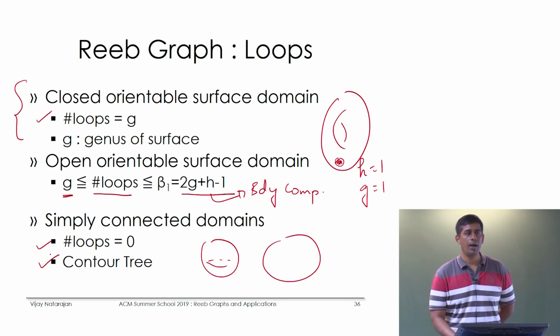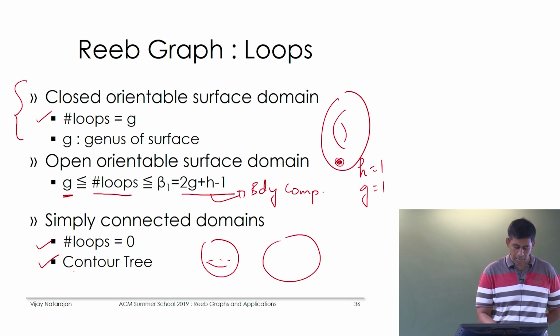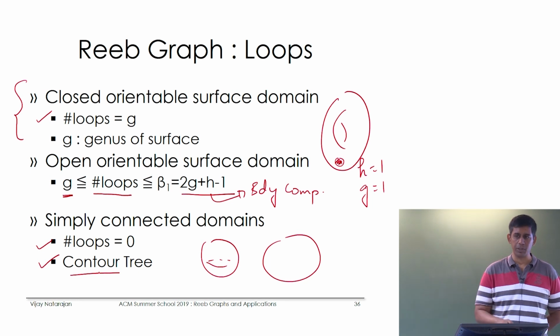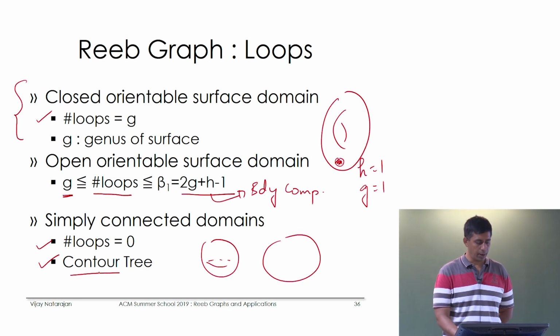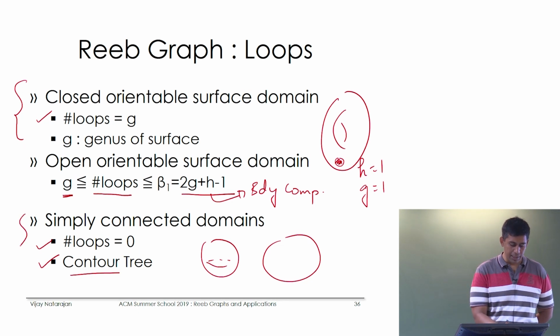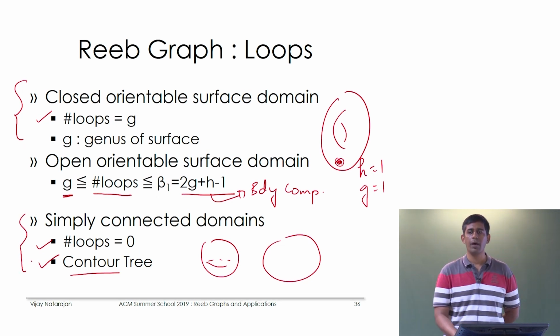Why contour tree? I will come to that name. The contour refers to one connected component of a level set. We will see a picture and see that again. In this case it is a tree, so this is a nice special case that we will look at in a little bit more detail.